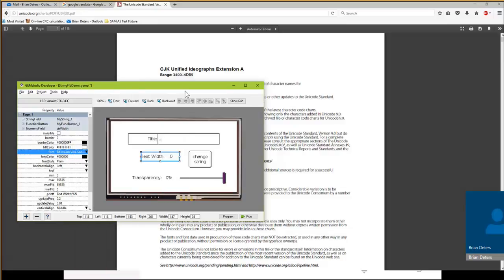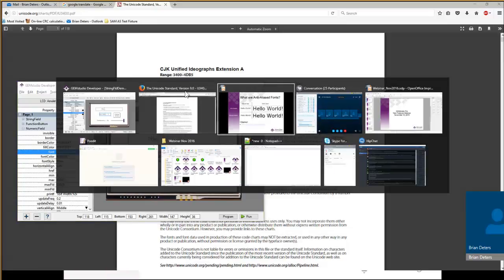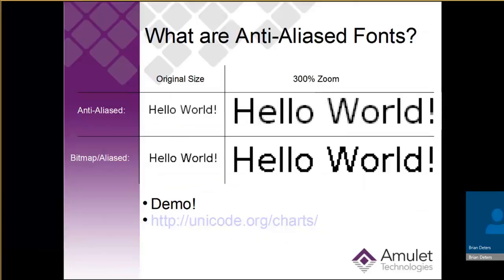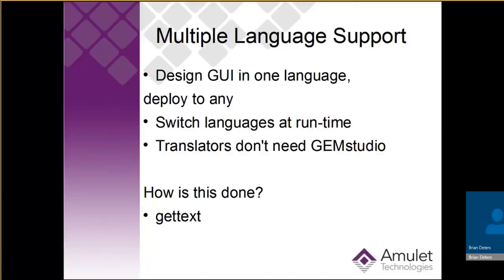All right. So let's go back. This leads us to our multiple language support, our big multi-language feature. This allows you to design your GUI. It could be in English, it could be in another language, but the base language you design your GUI in doesn't matter. You can still deploy to any other language and change that language at runtime.